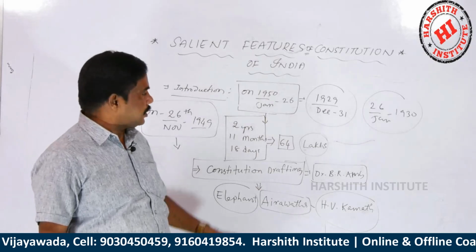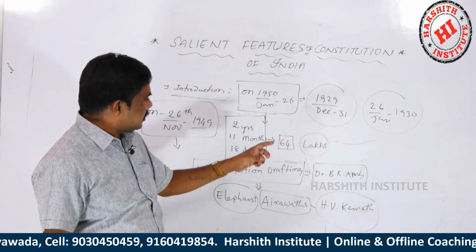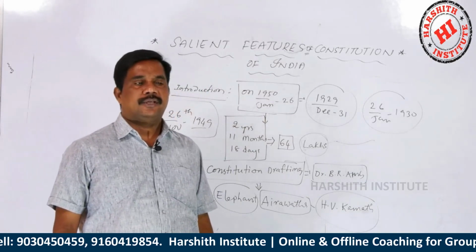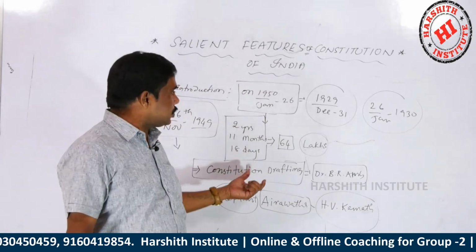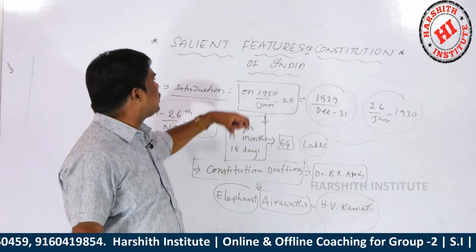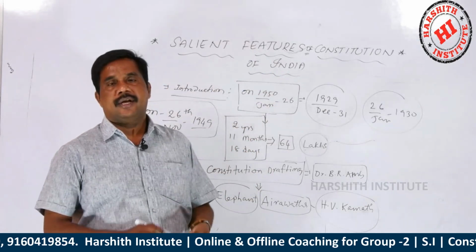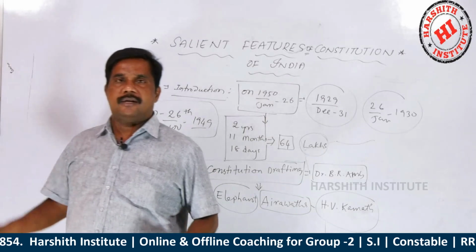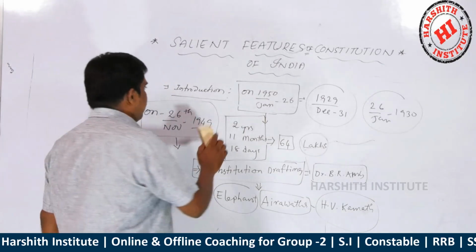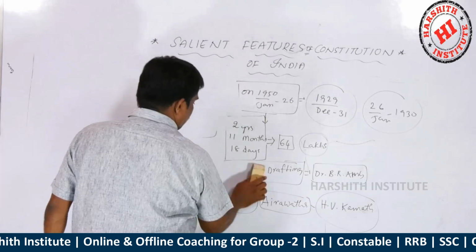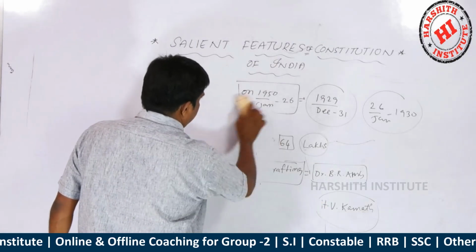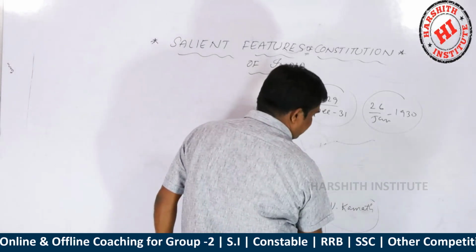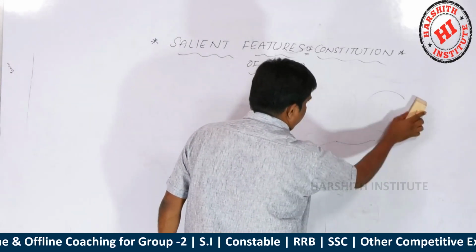Okay. So this is somewhat of an introduction to our Indian Constitution. But before going to explain the salient features of the Indian Constitution, we have to discuss one concept, called the sources of the Indian Constitution. Indian Constitution is the longest, biggest constitution in the world.